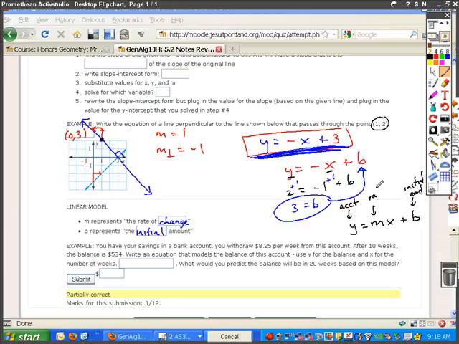And the rate of change. So if we look to see what values do we have for this, well, you're taking $8.25 out per week. So is that amount going up or going down? Down. So your rate of change, is it going to be positive or negative? Okay, so we can plug in a negative 8.25 for our rate of change.